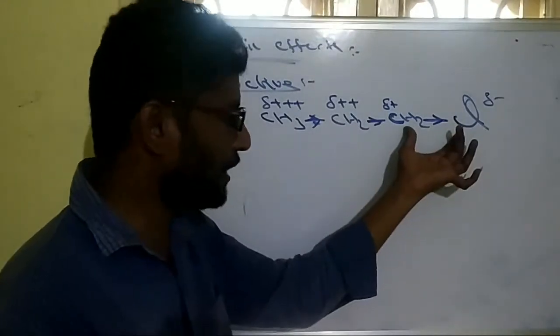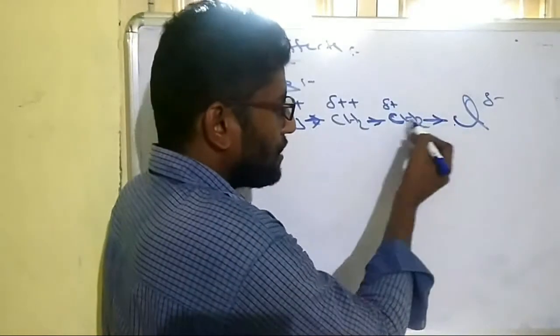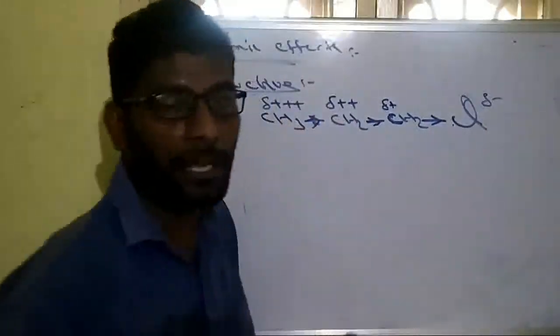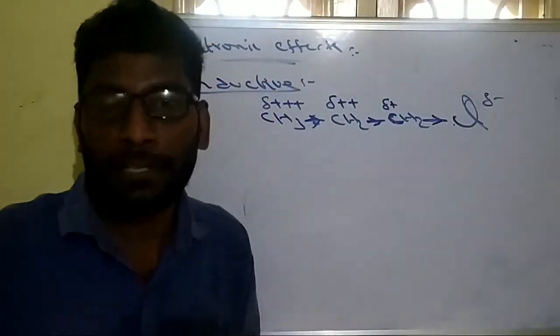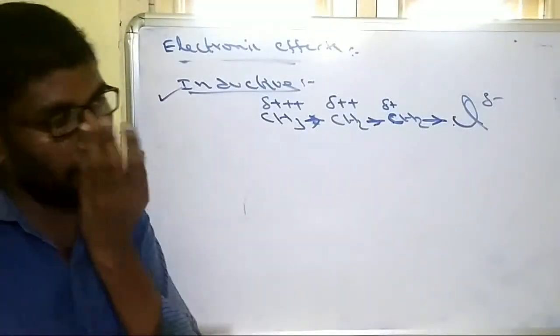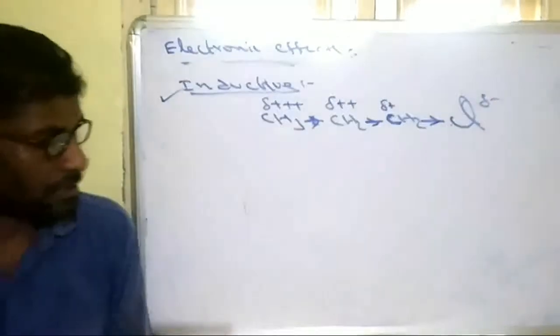Inductive effect always decreases with distance. Here chlorine is directly attached to this carbon, so it pulls highly from this carbon. But when distance increases, the pulling capacity decreases. So inductive effect is negligible after 3 carbon atoms.